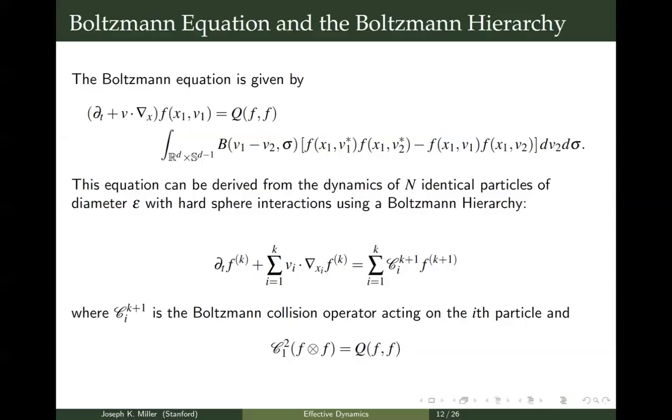The way I see that this recovers Boltzmann, in the same way that the Vlasov hierarchy recovered Vlasov, is I look at tensor products. In particular, this collision operator, I don't really want to write it down, but it behaves very nicely with respect to tensor products. So it recovers this Q. Now, the way you should think about this sum here is I have a k-particle system.